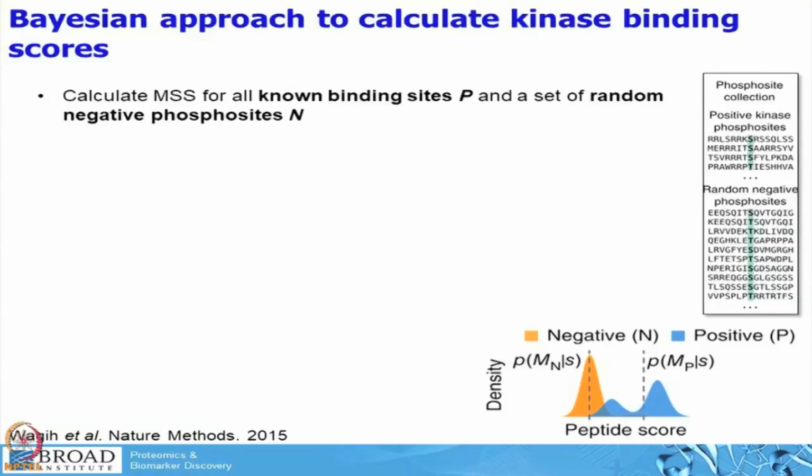In order to build up these Bayesian models, the software calculates exactly this score for all known binding sites. This is one distribution, the blue distribution here. Then to get a negative distribution, it takes randomly sampled phosphosites from the human proteome and calculates all of these scores again, and you end up having a negative distribution.